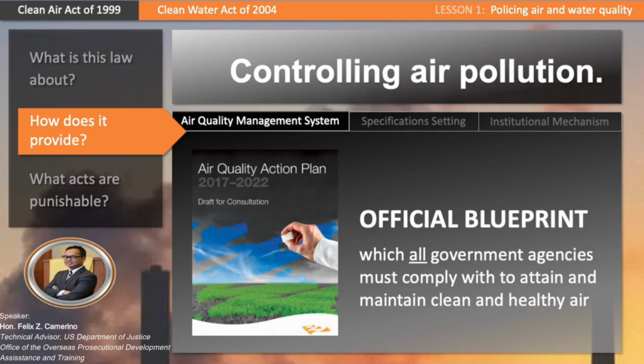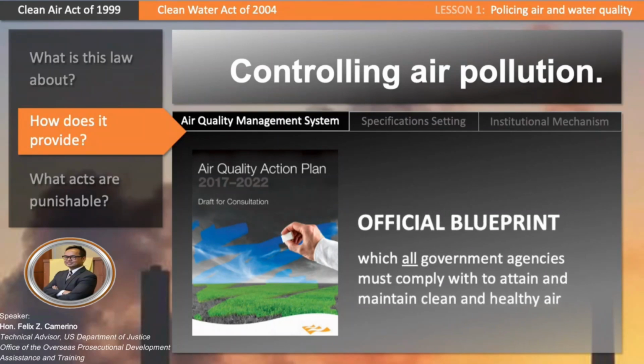So any government entity that has some responsibility in compliance, as well as being able to attain these air quality conditions, is supposed to follow or use this as a baseline for their efforts.